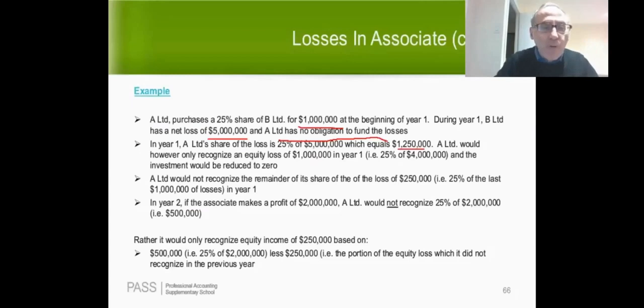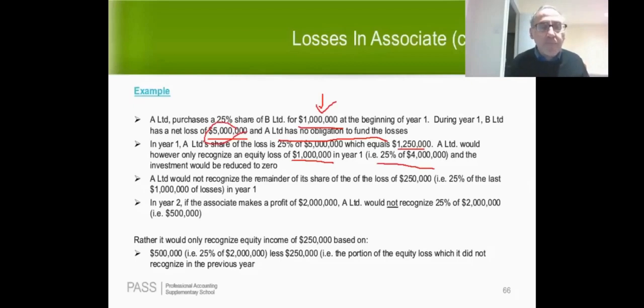So A would only recognize the amount of the loss equal to the opening balance. They would only recognize $1 million loss and that would reduce the value of the investment to zero. Opening balance of $1 million minus equity loss of $1 million is zero. So effectively, instead of recognizing 25% of the full $5 million, they're only recognizing 25% of $4 million, and they would reduce the investment to zero.